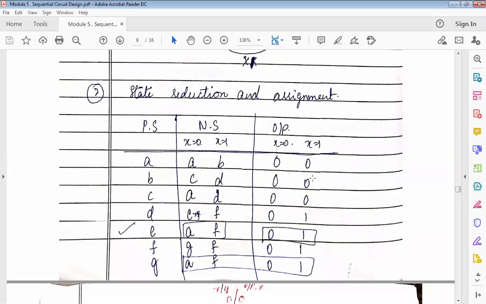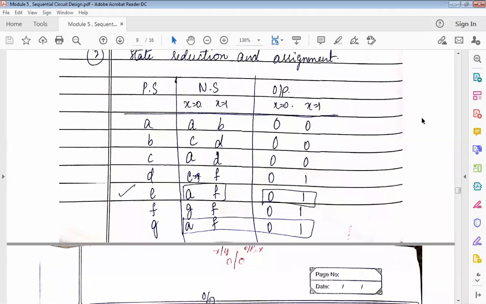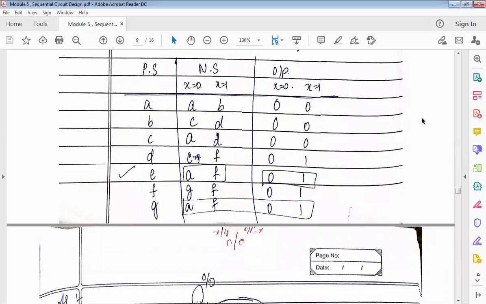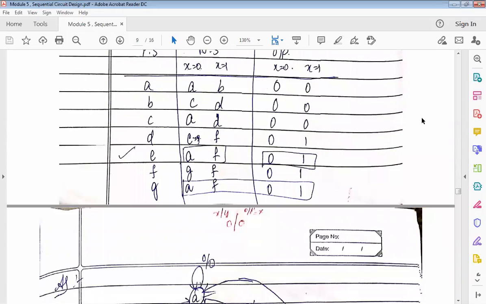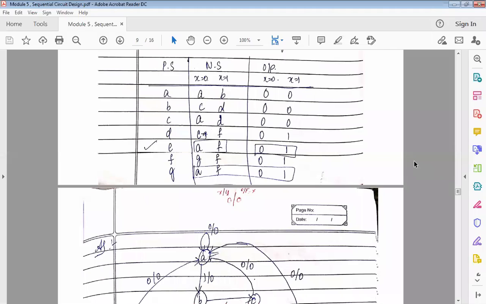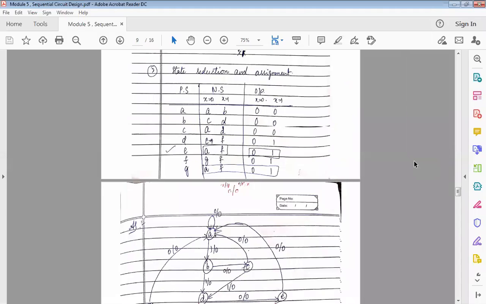Also do not worry about how we got 0, 0, how we got 0, 1. This is just a question here, right? So this is our question, and the first thing that we have to do is start off with the state diagram. Always understand, drawing the state diagram is very important.